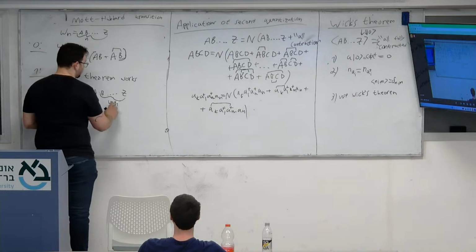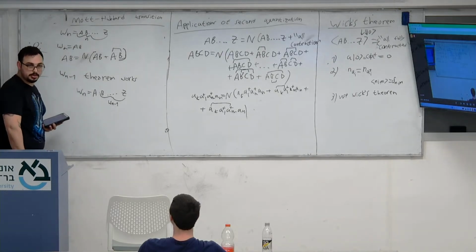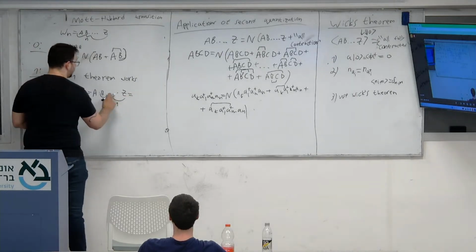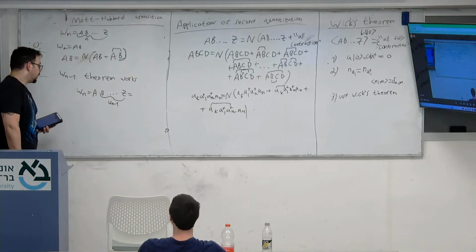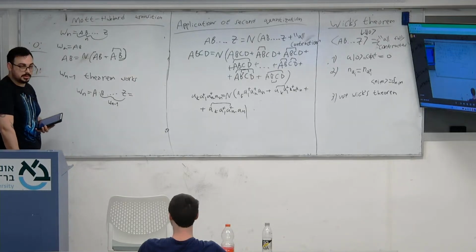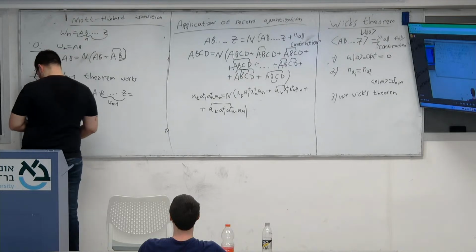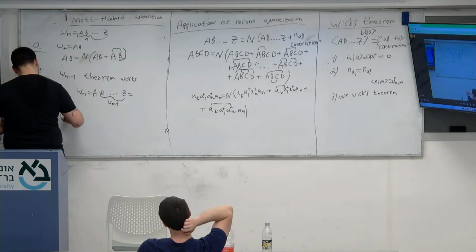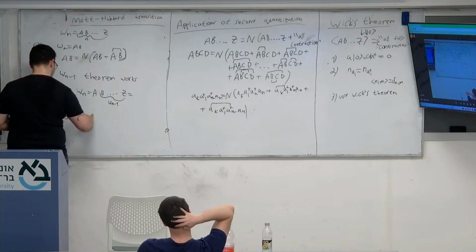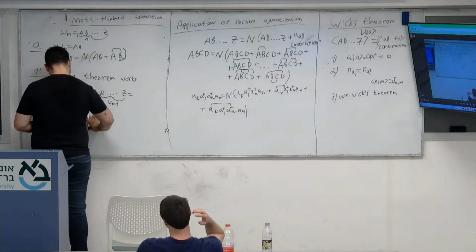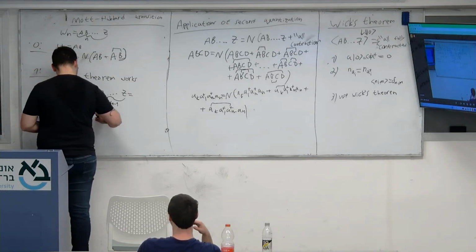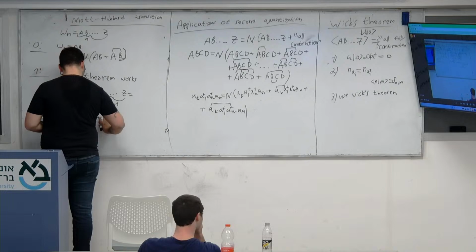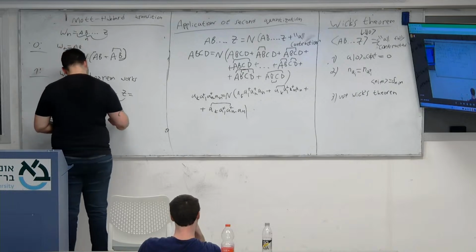So since the theorem works for n minus 1 operators, I can use the theorem on the right side of this equation. Equals A times normal order of B to Z plus all contractions.